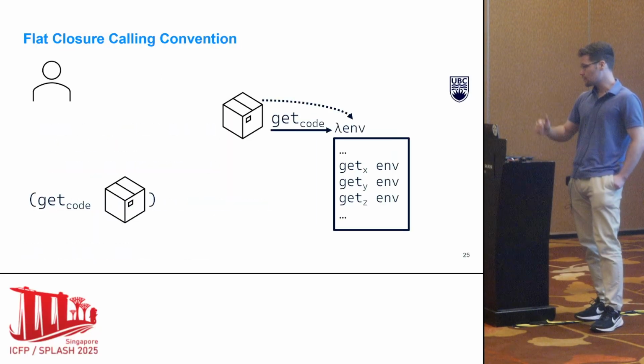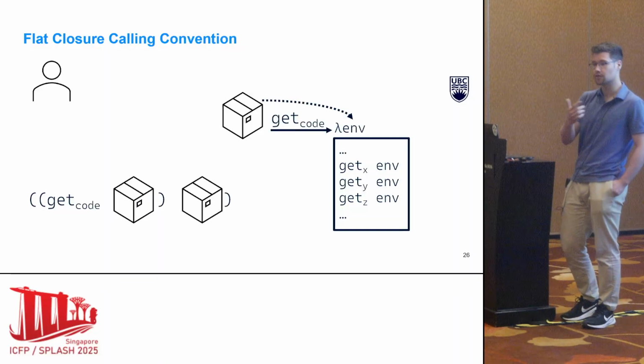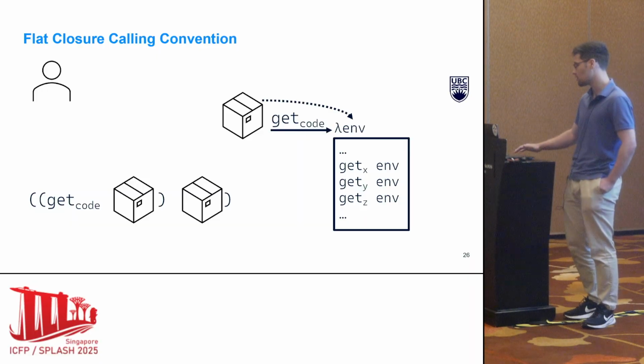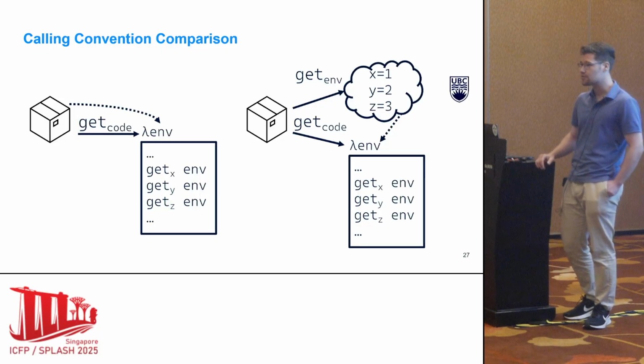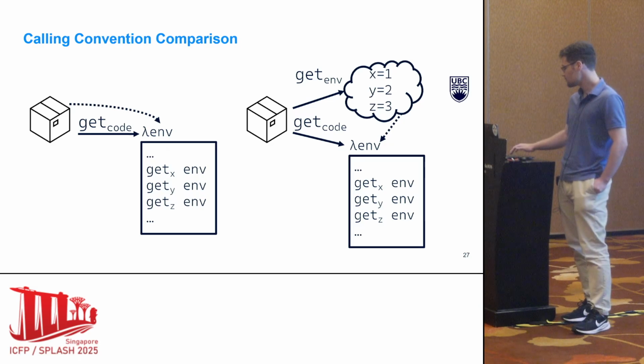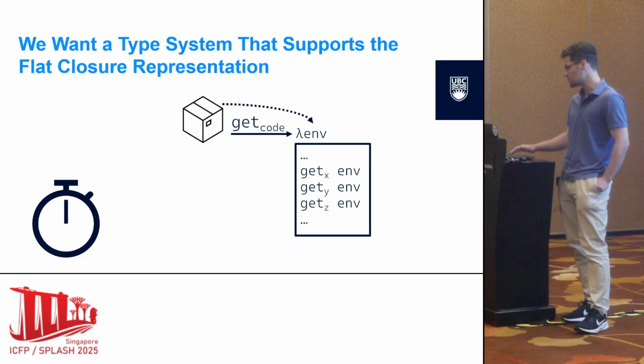Well, that means that we can simply project out the code pointer and then pass the closure itself as the environment to that projected code pointer. And that means that we only have to do this one projection instead of these two projections. And if this is a recursively called function, that can really add up. So this is the main optimization I want to type, the flat closure representation.